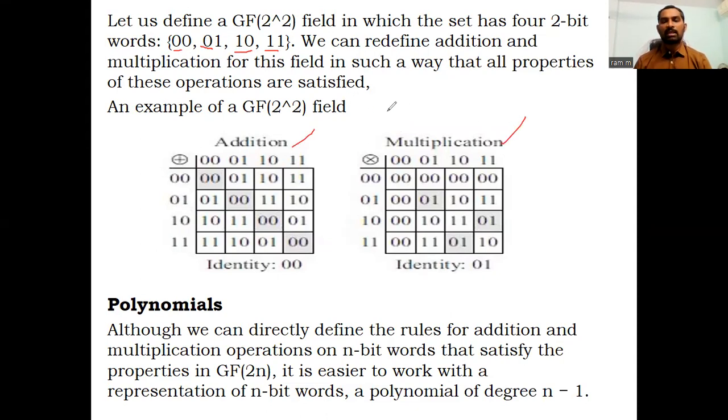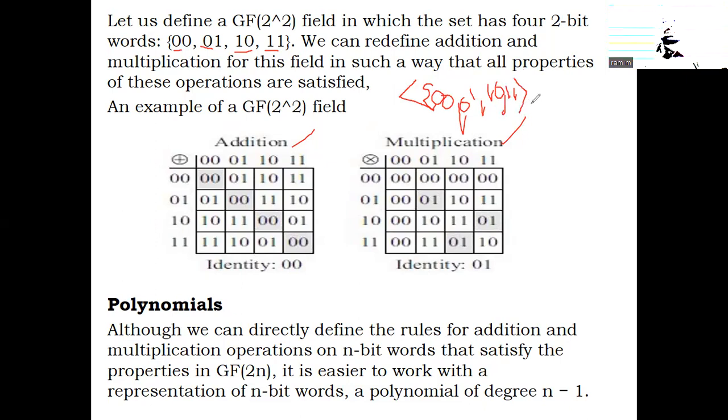So I am considering a set of elements, that is 00, 01, 10, 11, over the operations plus and multiplication. Here I am going to take addition as XOR and here I am going to take multiplication like this. Now this should be a finite field, because the number of elements in the set I'm considering is finite.